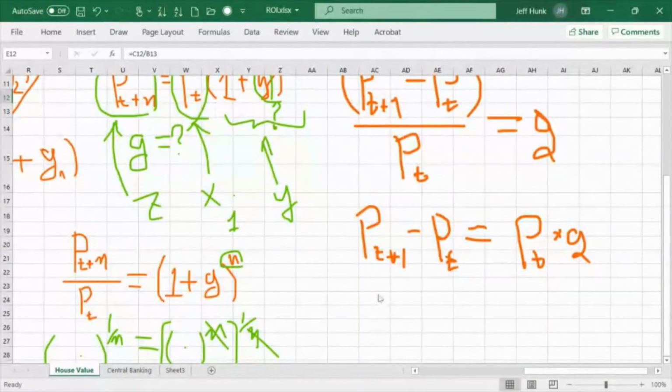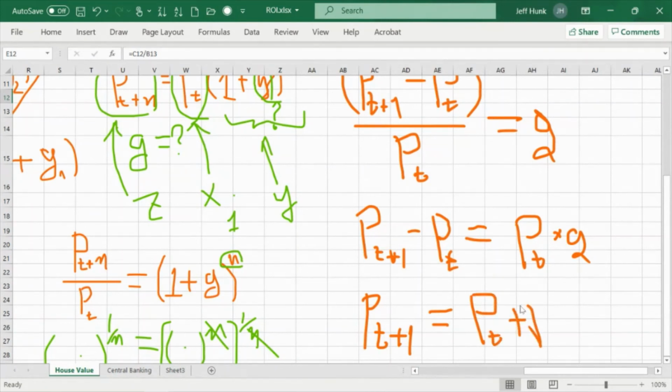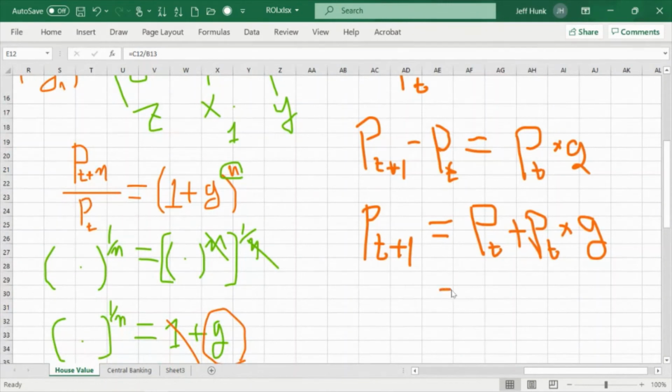Yes. And then how do I express P_{t+1}? P_{t+1} is, if I move this P_t to the other side, P_t plus P_t times G. And because P_t is the common factor, if you factor out P_t, this becomes 1, this becomes just G, times P_t, right?